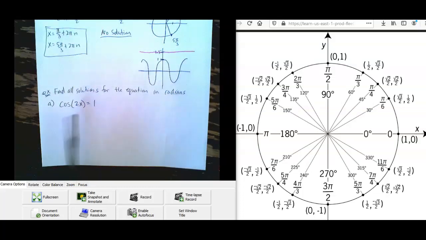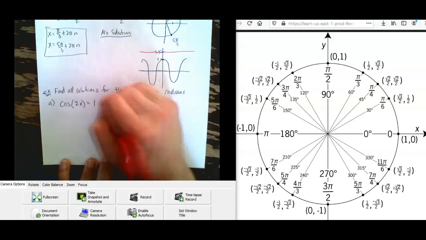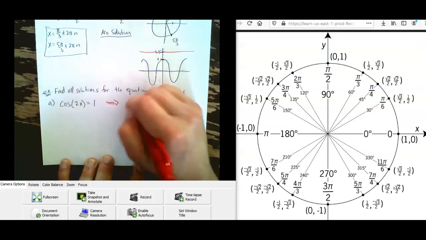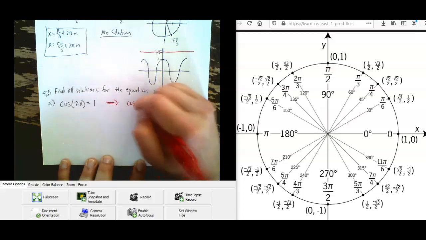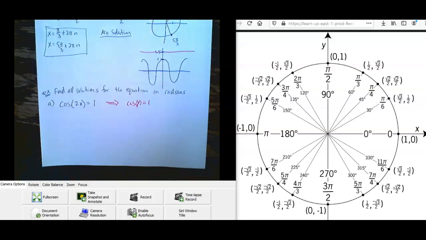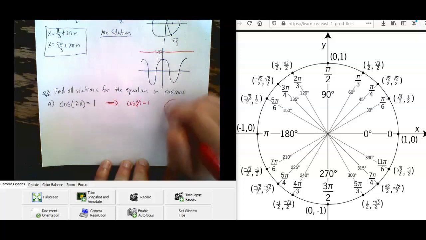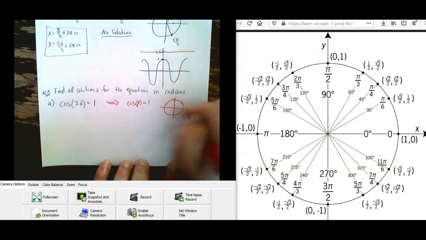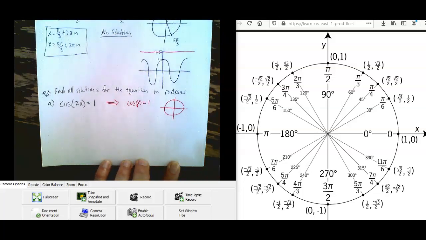So sometimes we have a number that's hanging out on the inside with our x, all right? So with these ones, we consider just the cosine of y equal to 1. What are the solutions for this? Cosine is equal to 1 at one spot on the unit circle. That's at 0, right?